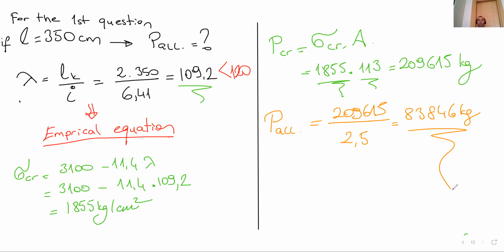So the calculation method depends on the slenderness. We have to find lambda. According to the lambda, we decide the calculation method. Okay, don't forget this one. You need to get lambda in each question.